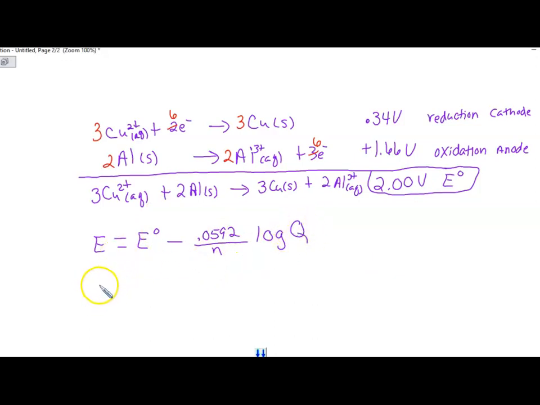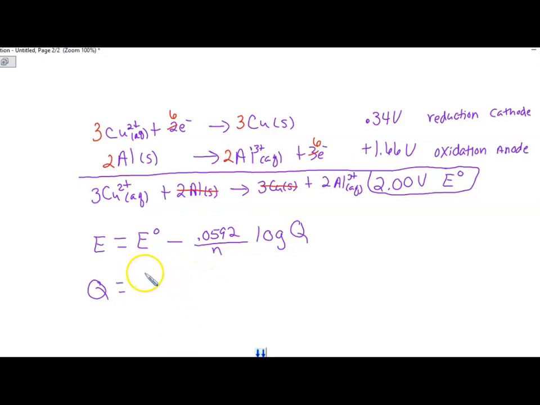And so again, Q is the products over the reactants, not looking at the solids. So this guy's a solid, so I'm not going to look at you. This guy's a solid, so I'm not going to look at you. Okay? Remember when we did K, you weren't supposed to ignore solids and liquids, so we're not going to look at that.